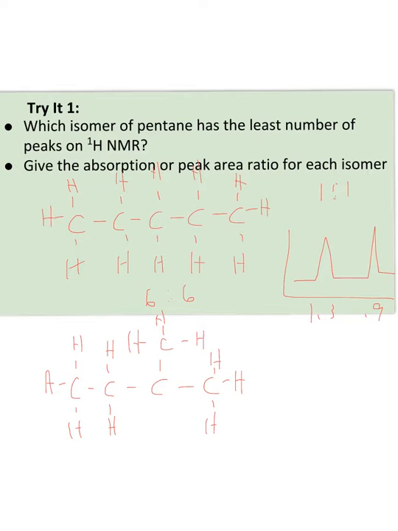But now I've got CH3 groups, and I've got them in 2 slightly different environments because these CH3 groups are close to the methyl here, the carbon, whereas this one is further away. So this is going to be a slightly different environment and going to have a slightly different peak.